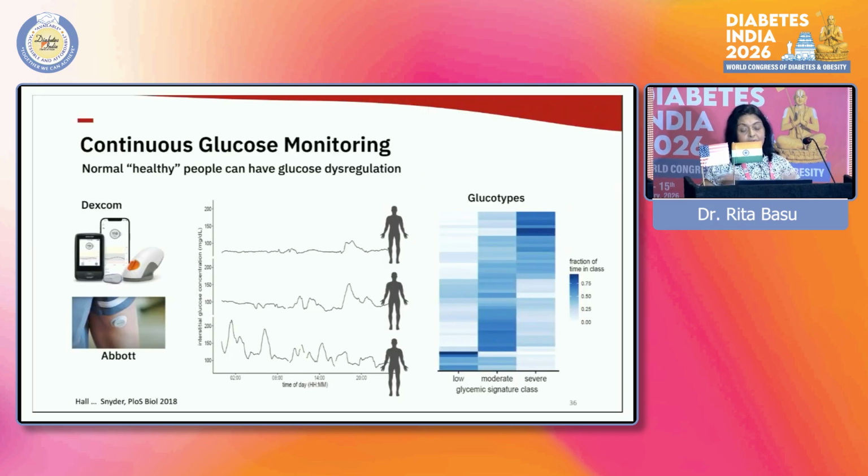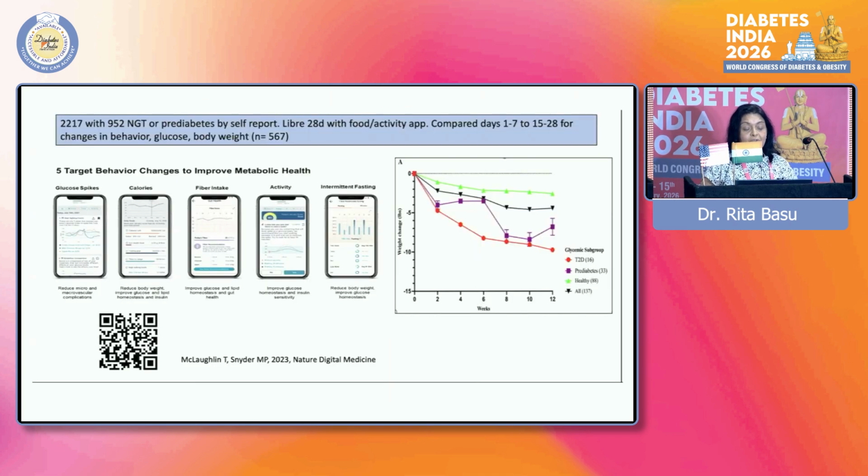Continuous glucose monitoring, again, I don't want to go into it. My point is that different human beings have different glucotypes, so they respond differently. This study was done by Dr. Snyder and McLaughlin and was published in 2023. They showed the 5 target behavior changes to improve metabolic health in humans.